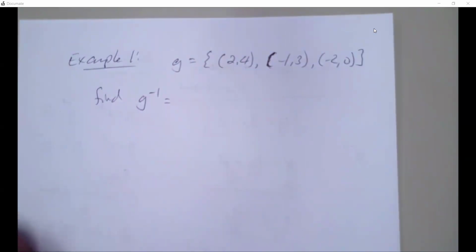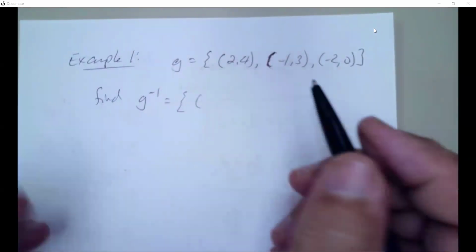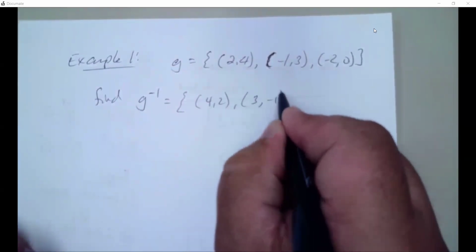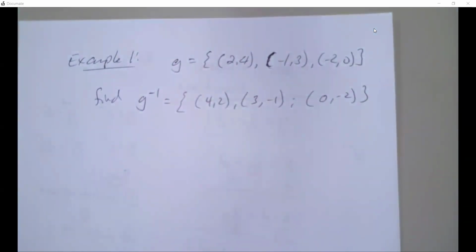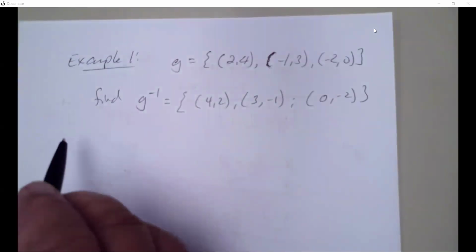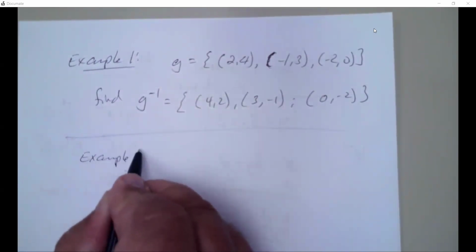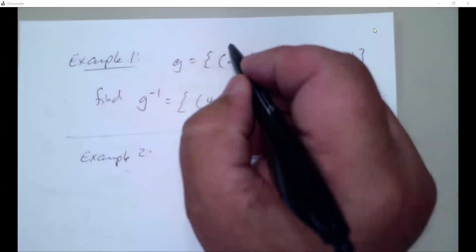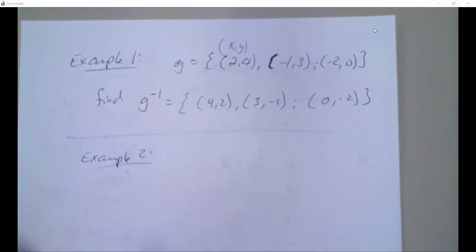How do you find it? What's the first step? Switch X and Y. That's the easiest way to say it. So it's 4, 2. Just switch X and Y. Then there you go. There is no solving. I gave you a set. There is no Y. In this case, I gave you points. Remember, a point is made up of an X and Y. I switch X and Y. That's all you have to do.